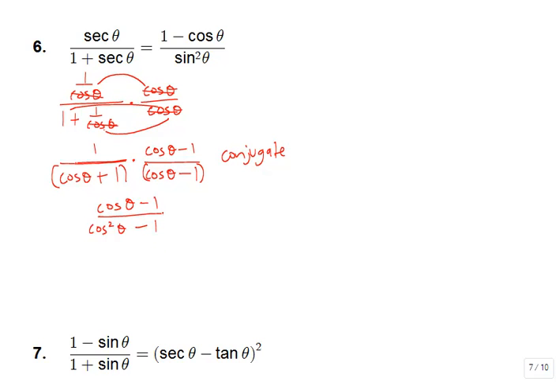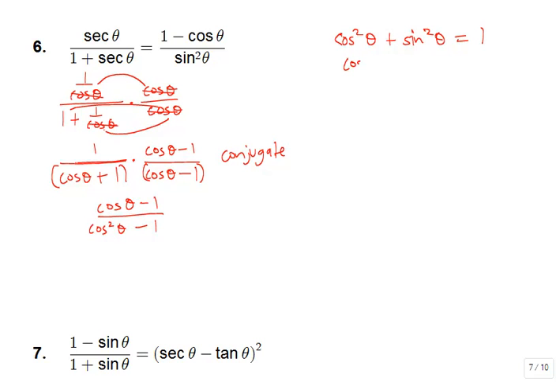Okay, it still doesn't quite look like what we wanted up here, but it now has a cosine squared involved, which means I do have that Pythagorean identity, cosine squared plus sine squared is equal to 1. And remember, we have a cosine squared in the bottom right now, but we want to turn it into a sine squared. So what we want to be doing here is replacing this cosine squared with something in terms of sine squared.